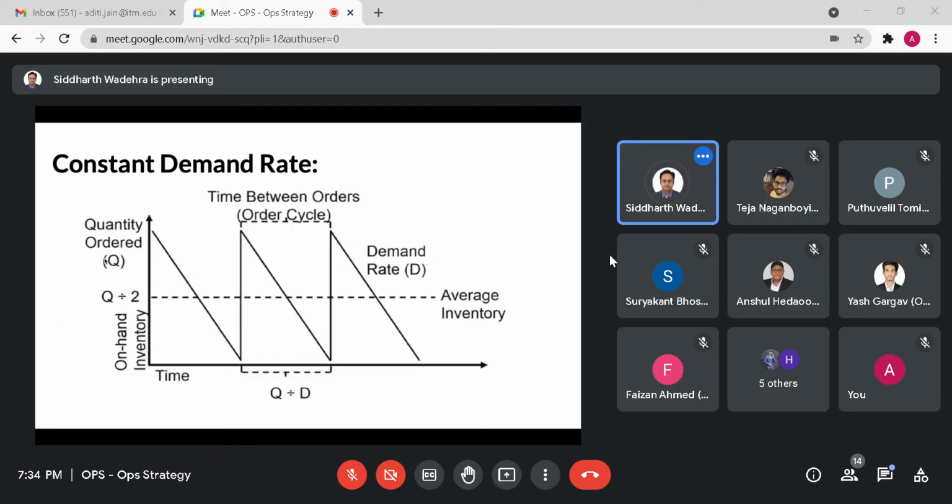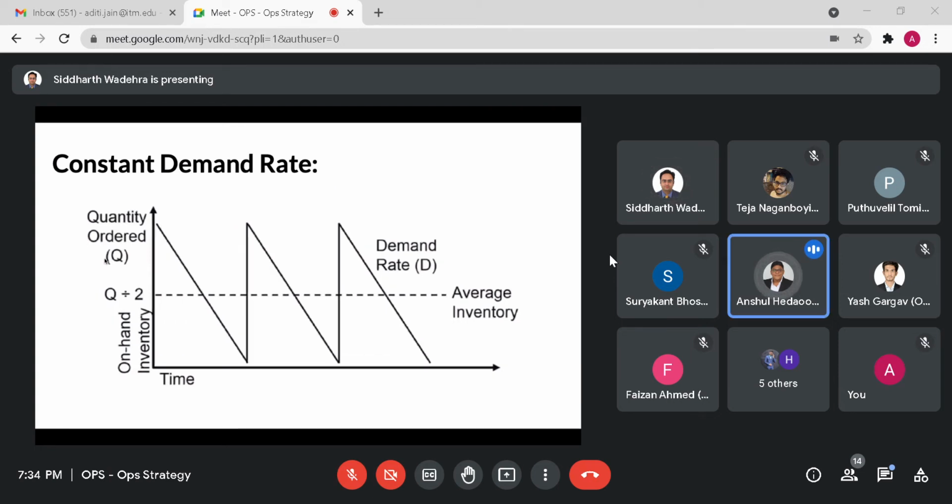All right. The next thing you would want to see is the time between these two orders, and it's going to be determined by the quantity you order. Sir, I have a doubt. That Q divided by 2, will that Q be on a monthly basis or a yearly basis? In this particular case, it could be whatever unit of time you have taken for computation.